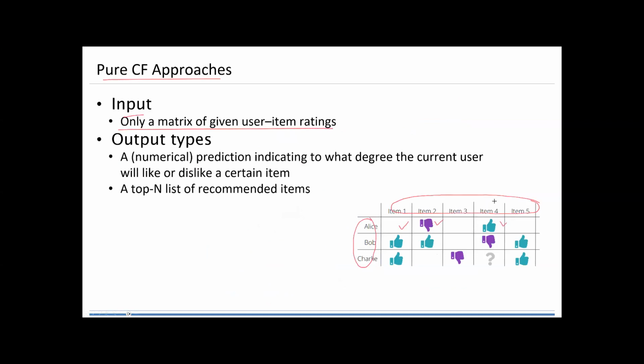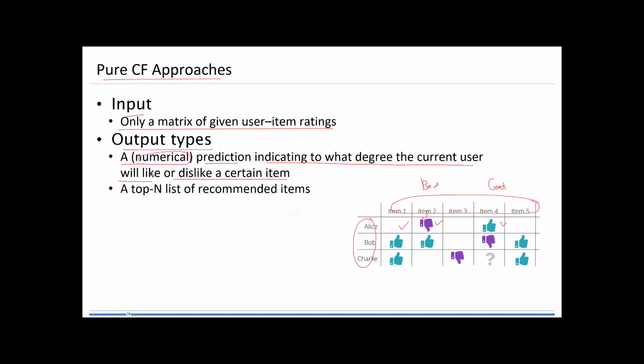The rating here is good, the thumbs up, and this is bad. The output will be a numerical value prediction indicating to what degree the current user will like or dislike a certain item.